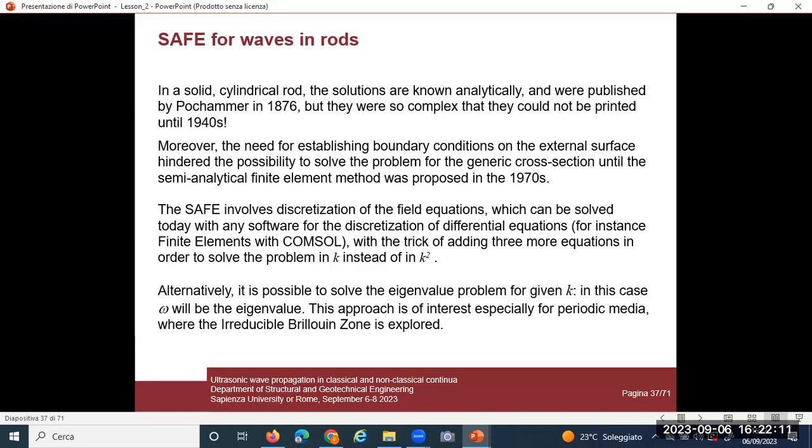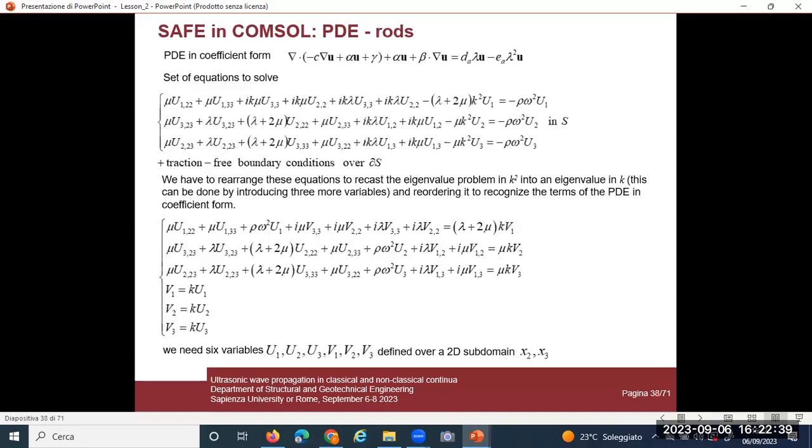The irreducible Brillouin zone is a list of values of wave numbers. It's the boundary of an area. So you explore that list of values and you find maximum and minimum band gaps. But this list of values is given for k, for the wave number. Then you've got to write down the problem in the other way.